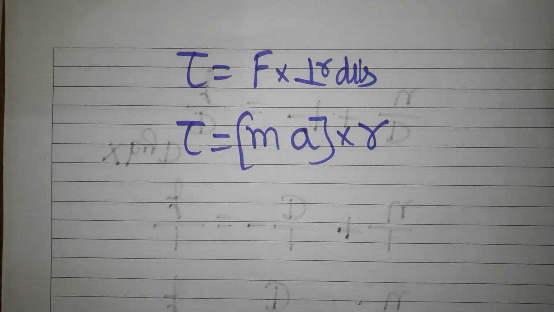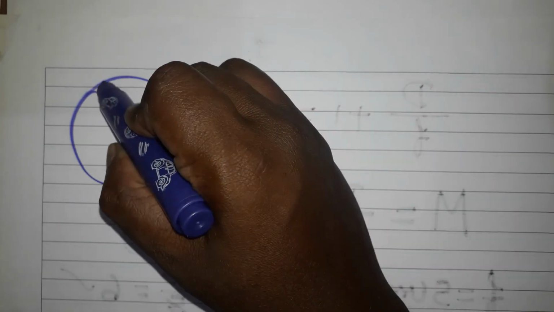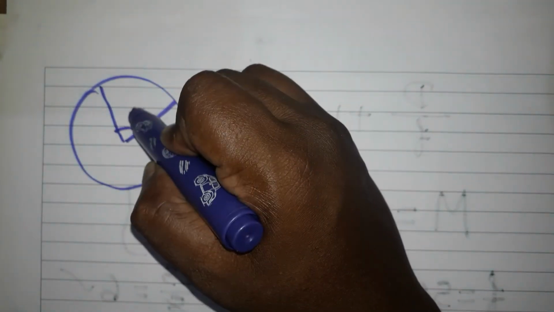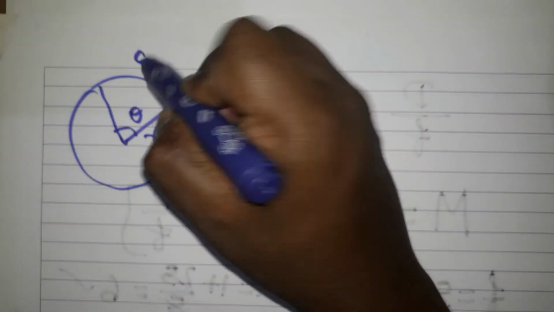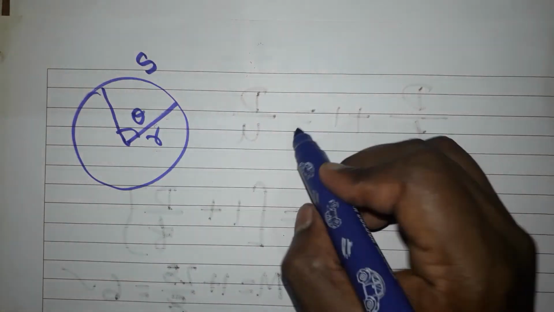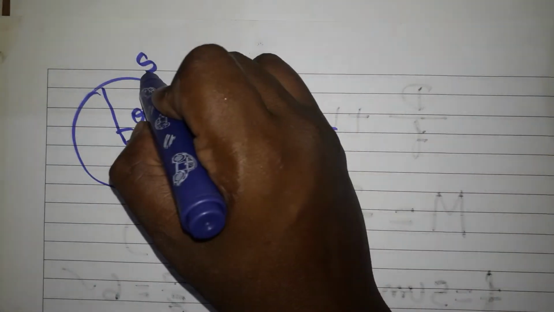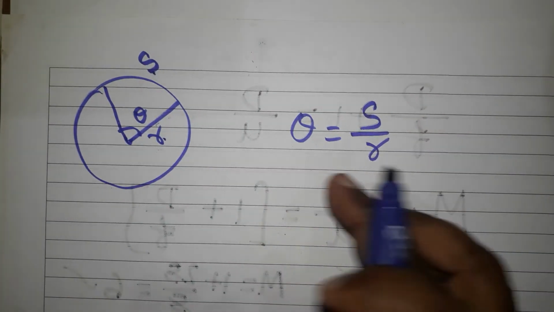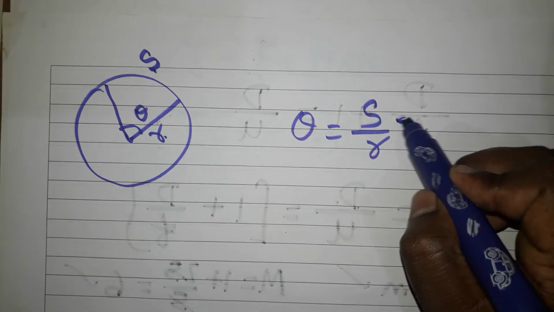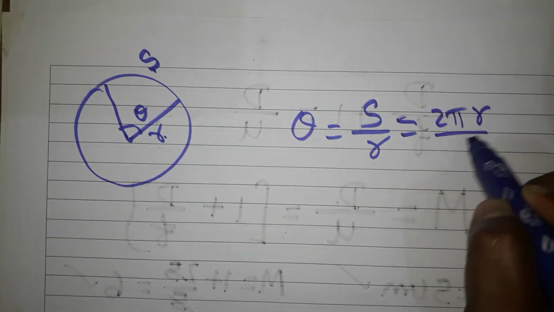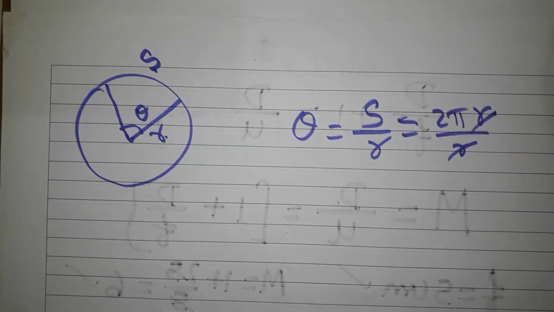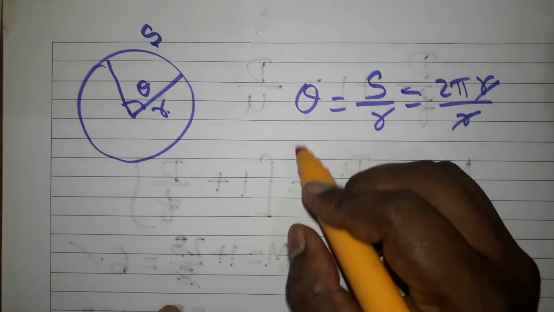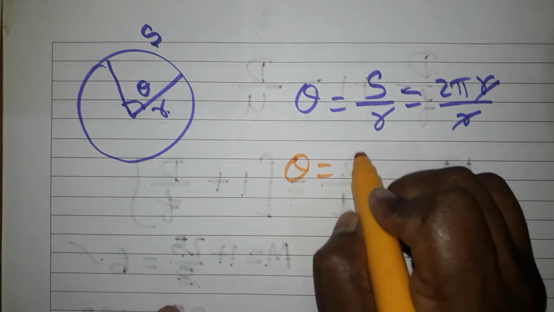In circular motion, radius is r, angular displacement is theta, and arc length is s. If you want the angle theta, you divide arc length by radius, s by r. For a full circle, the displacement is 2 pi r divided by r, which is 360 degrees. So this equation is correct: theta is equal to s by r.